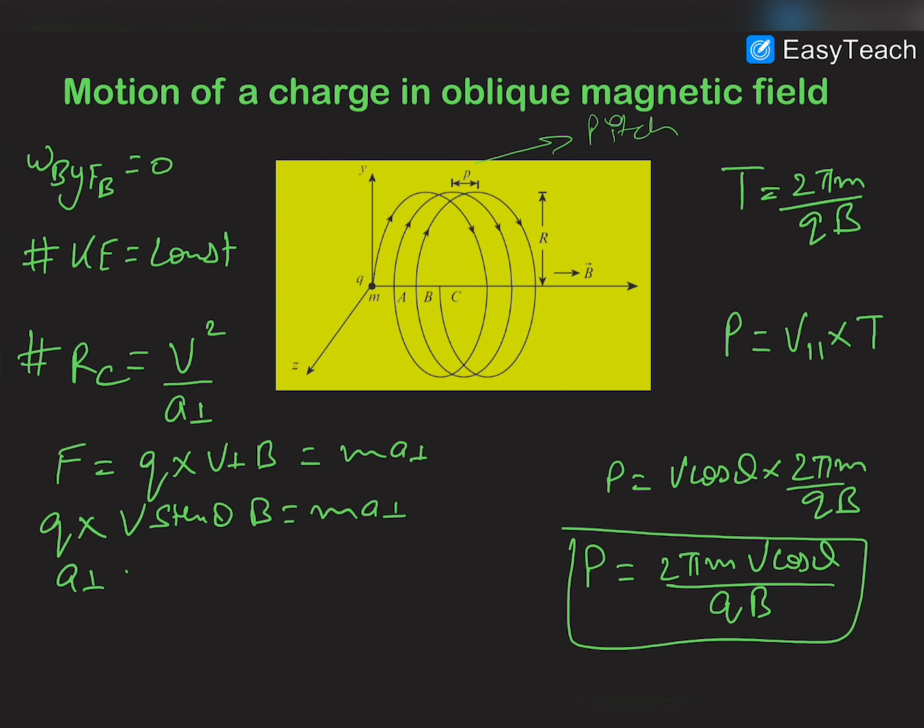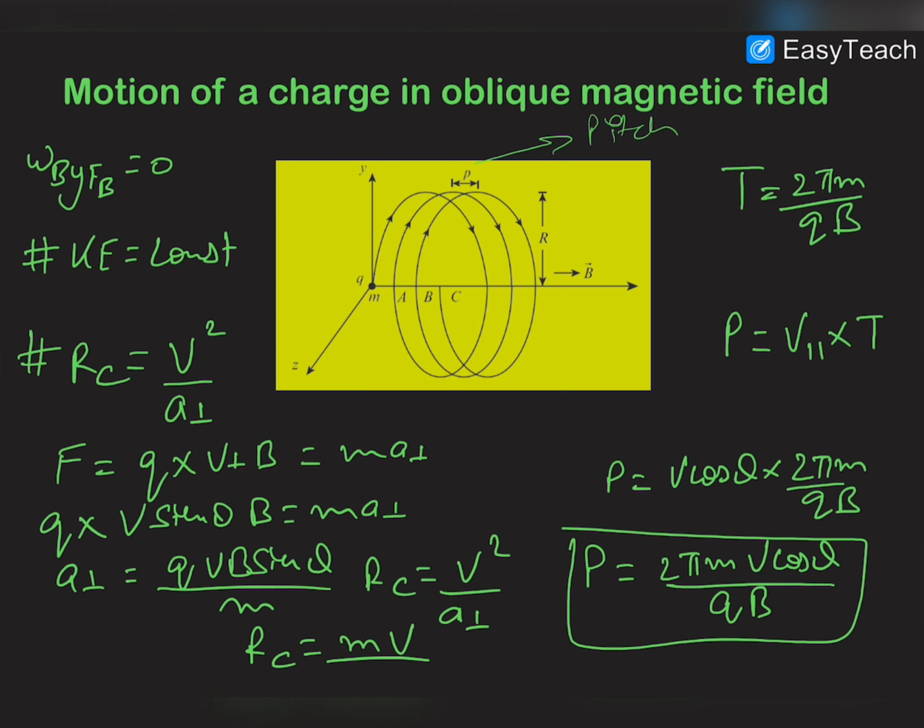So a perpendicular will be equal to q V B sin theta upon m, and radius of curvature RC is V square by a perpendicular. So RC will be equal to m V by q B sin theta. This is the radius of curvature of this helix, and radius of helix is a different thing. Radius of helix is the radius of this circle which is seen from the cross section.